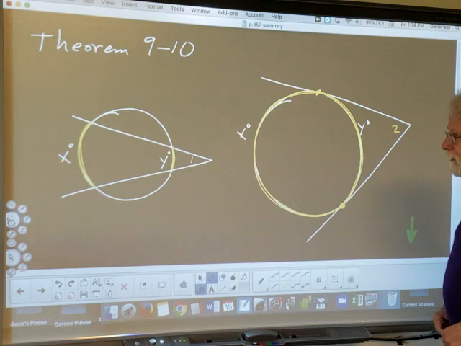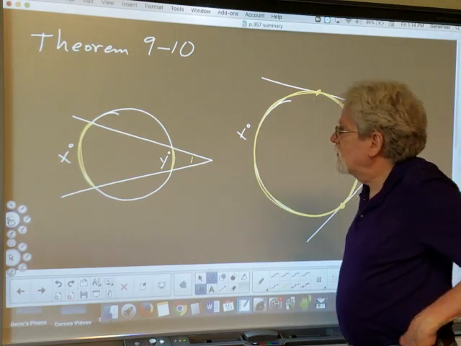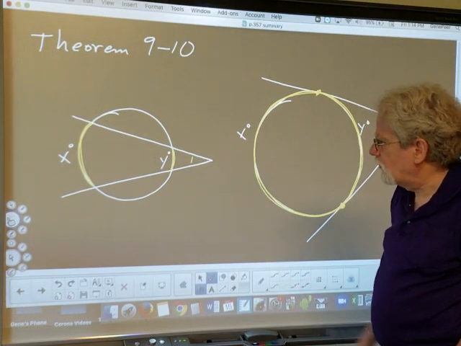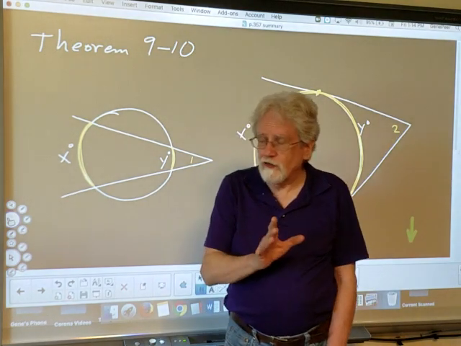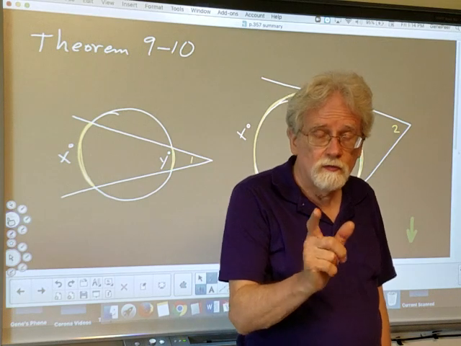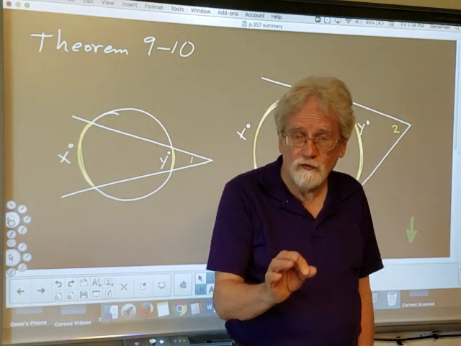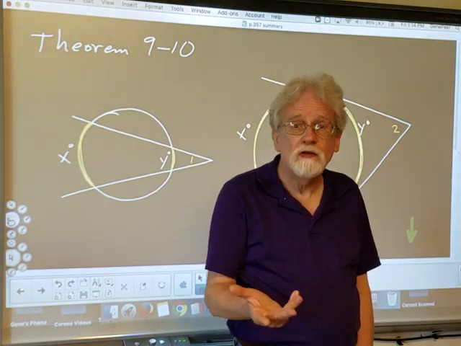Theorem 9.10. I'm not going to bother reading the words, and I'm not going to put the words on the screen, but Theorem 9.10 says this. If you remember what a secant is, by the way, on the test, you will be responsible for the definitions of these terms. There will be a matching section.